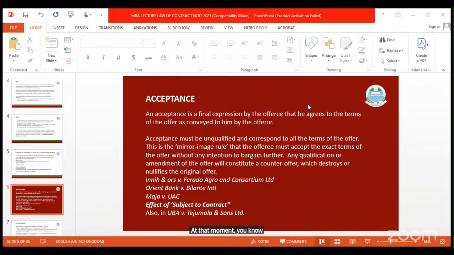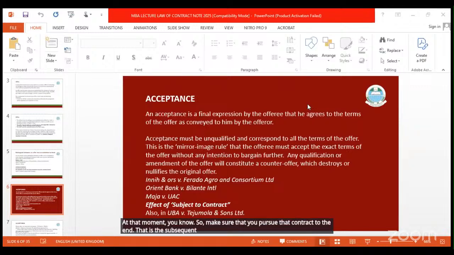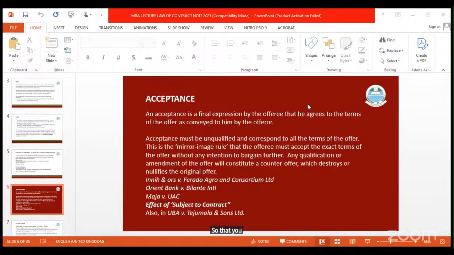So make sure that you pursue that contract to the end, that the subsequent contract is entered into, so that you can have all the rights under that contract intact, and you can always sue if a party breaches that contract. That's the point I was making.